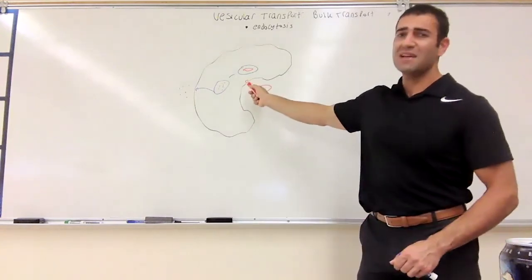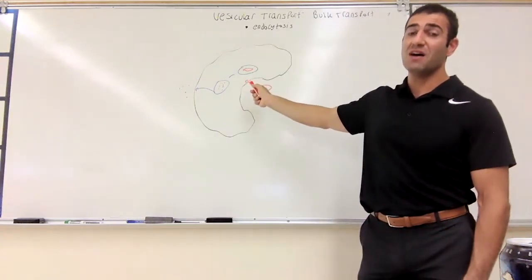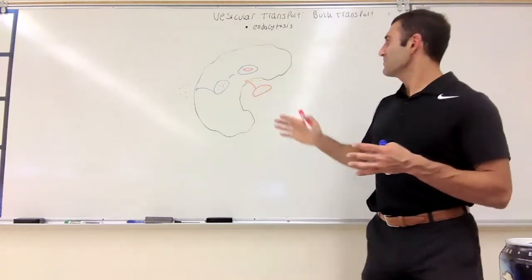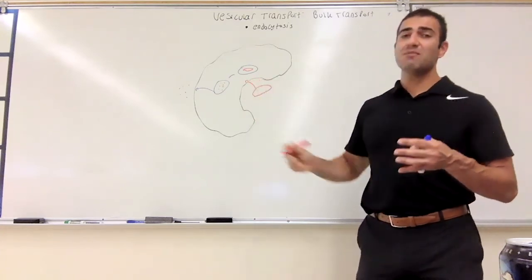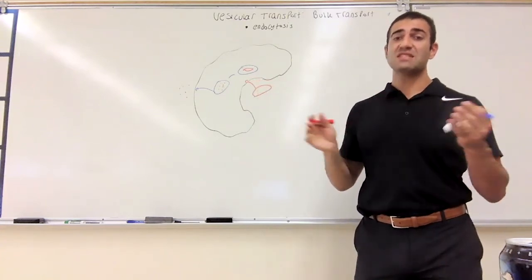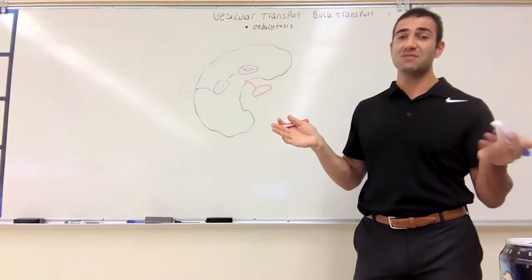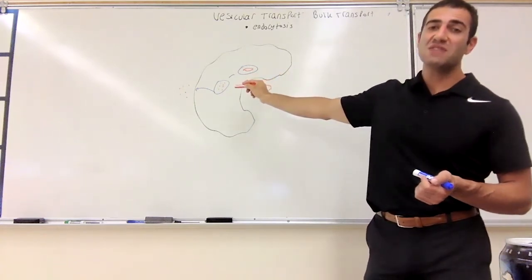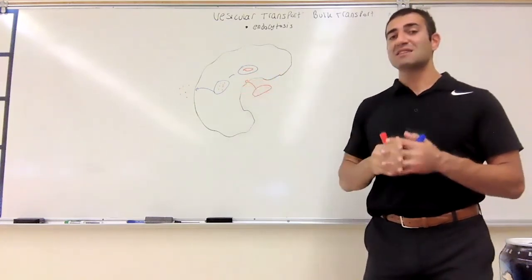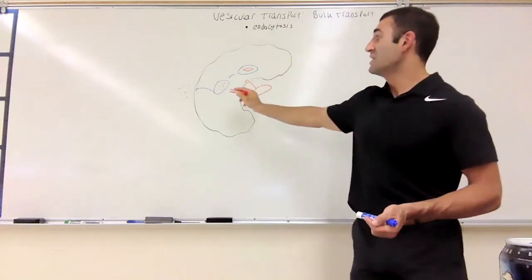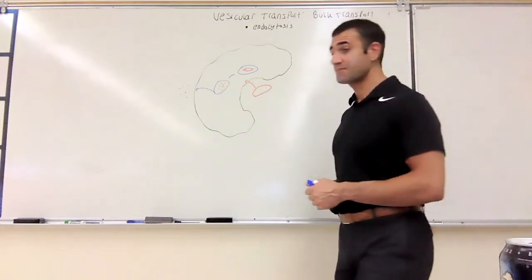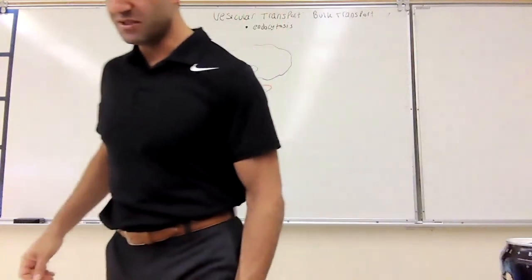The cell membrane is made up of phospholipids, so it merges with the cell membrane and forms a vesicle, because vesicles are made up of phospholipids, and it's kind of like a container. When the cell wants to export something, it takes a vesicle, the vesicle merges with the cell, then dumps out its contents. That's exocytosis.